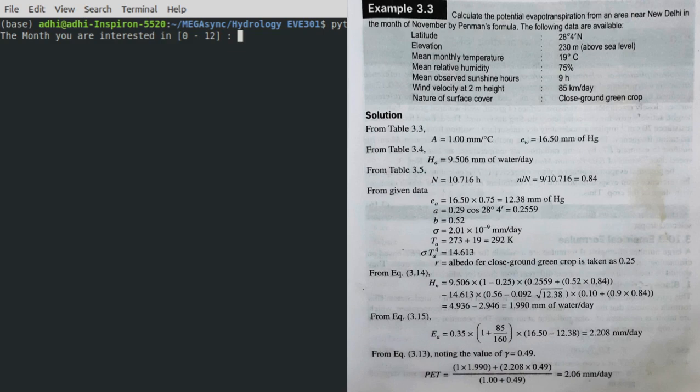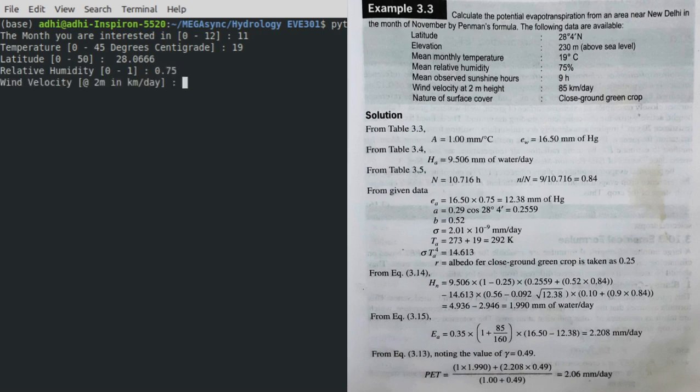So here the month is November, so I'm putting 11, and temperature is given as 19 degrees centigrade. Latitude is given as 28 degrees 4 minutes, which is equal to 28.0666. I have to supply this in decimal degrees. Next is relative humidity, given as 0.75 in the question, and wind velocity is given as 85 kilometer per day.